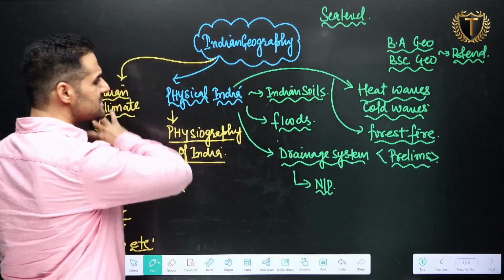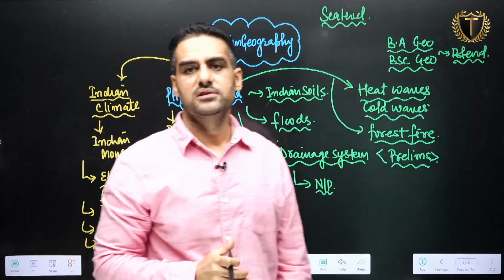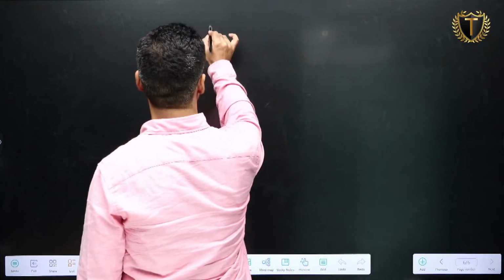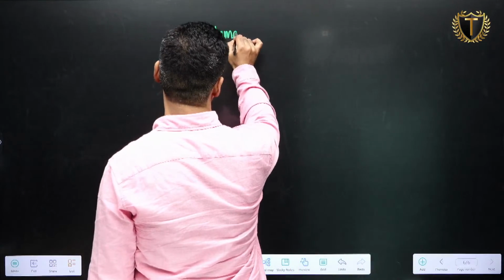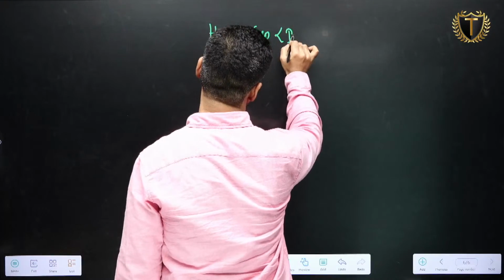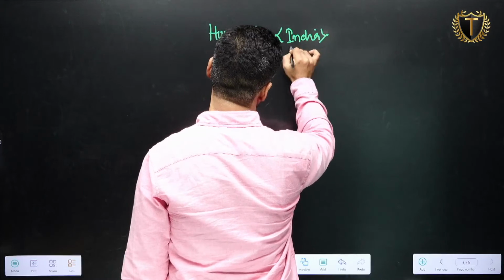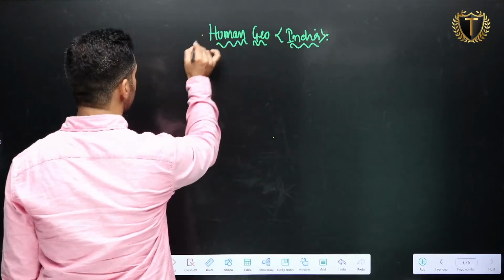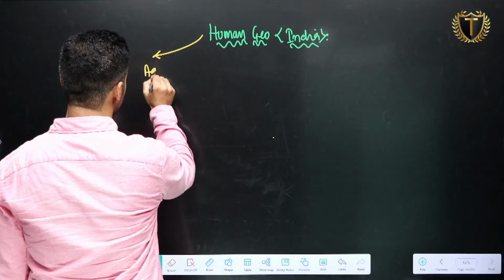Now, this is the syllabus with respect to your physical geography. Now, there is another part which is human geography. ये किसका पढ़ना हमें? इंडिया का. Very important. In this you have different parts. Agriculture.